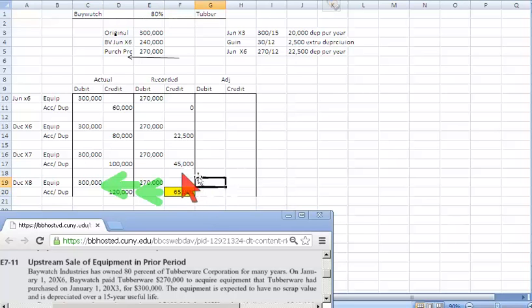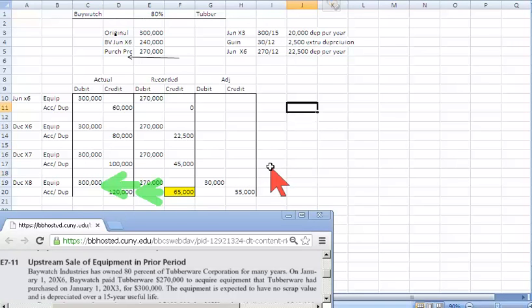We're only going to worry about '08. So we need a debit to equipment for $30,000, and we need to credit accumulated depreciation for $55,000. Those are the adjustments that we need to make.